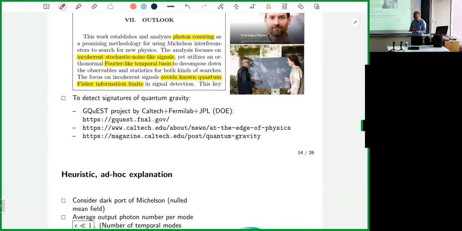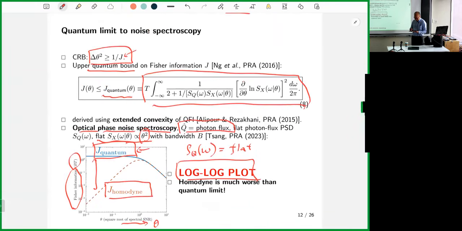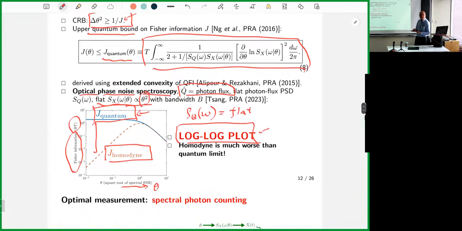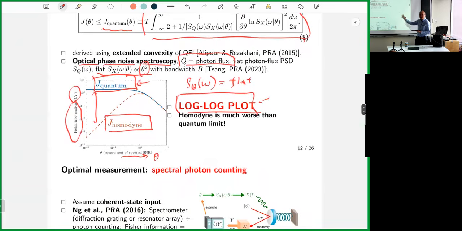Again, remember these are log-log plots, so this gap is huge. That's surprising, because if you are the Russians and you look at energetic quantum limits, the Russian limit that I talked about earlier, then you would say, oh, homodyne would be the best for anything. But it turns out that their bound cannot explain the fact that the quantum bound is so much higher than what homodyne can do.